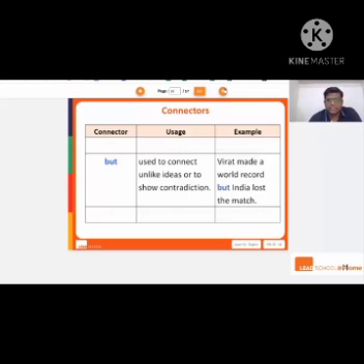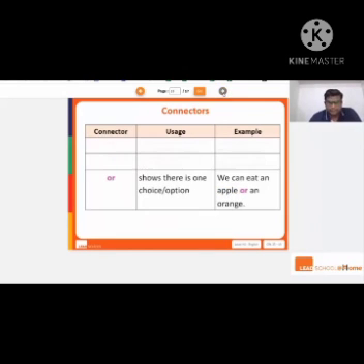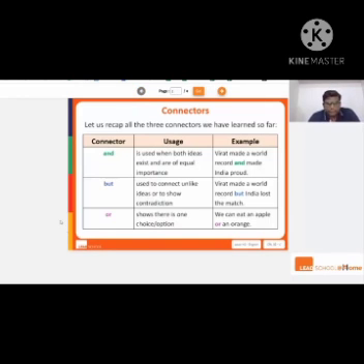In your quiz competition, you may find a different type of example. Or has a choice. When there is a choice, when there is one more option, at that time we use the connector or.